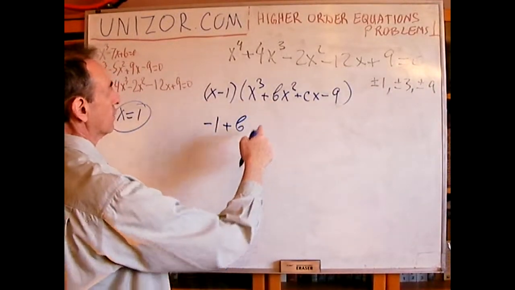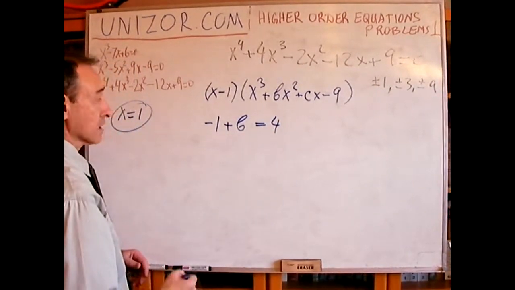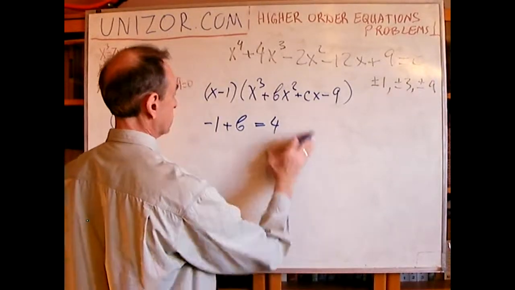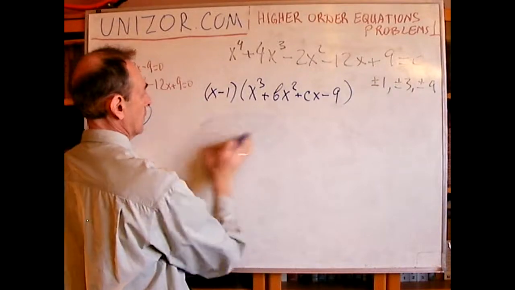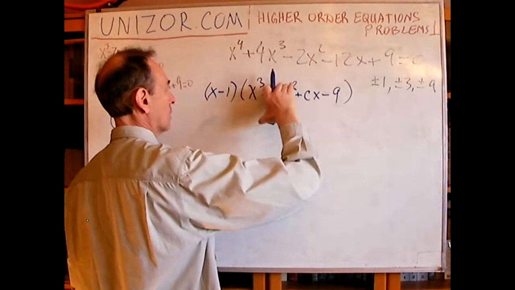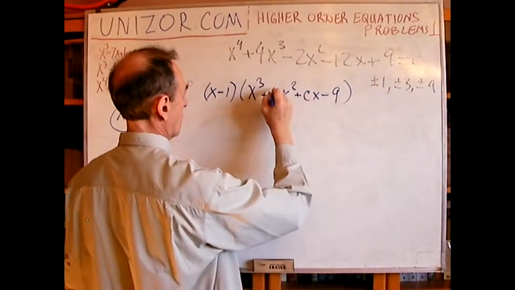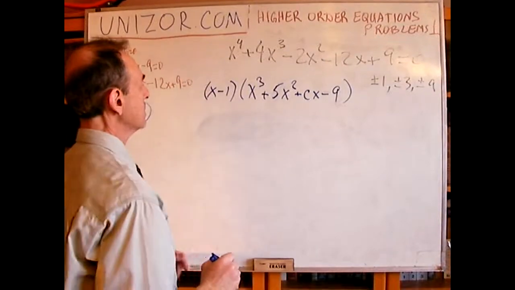Everything else will be lower degree, and I should get 4. So b is equal to 5, right? b is equal to 5. And I will substitute it here because it's easier for me. Great. Now we have only one left, c.